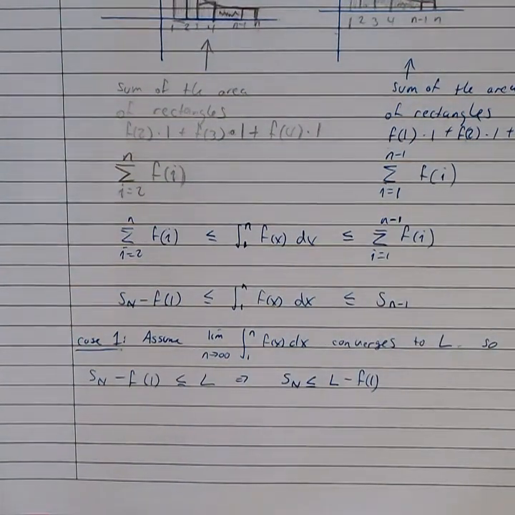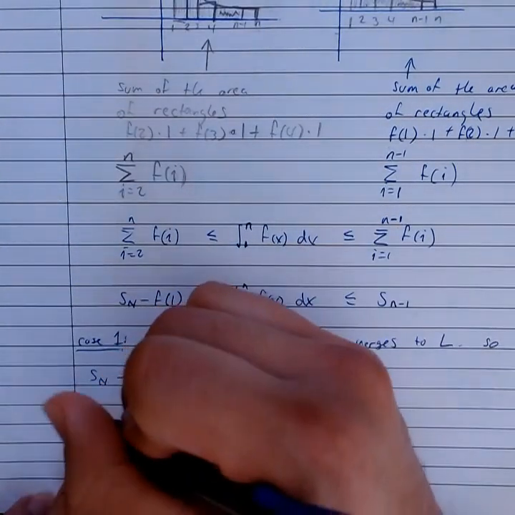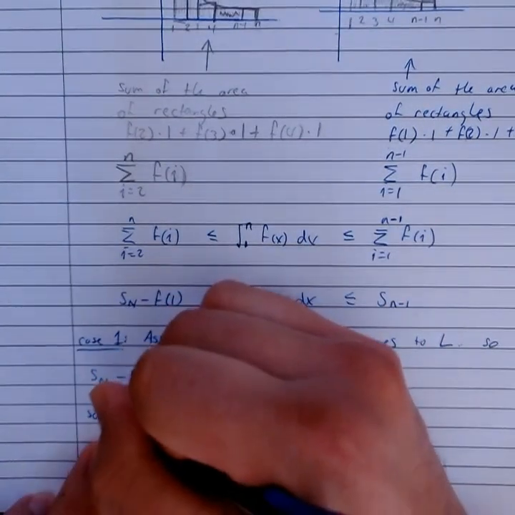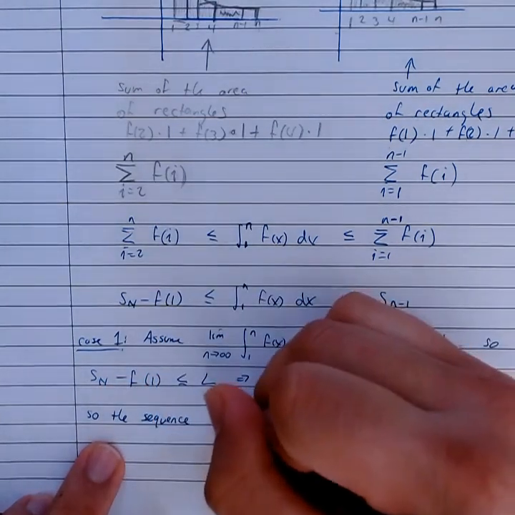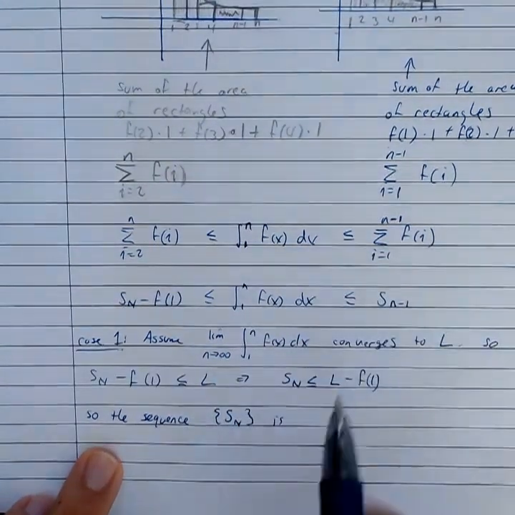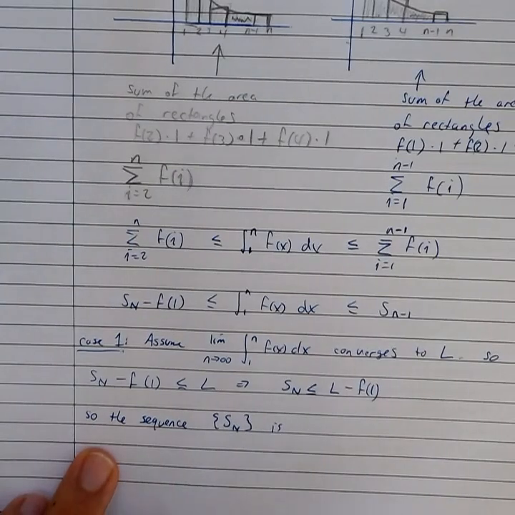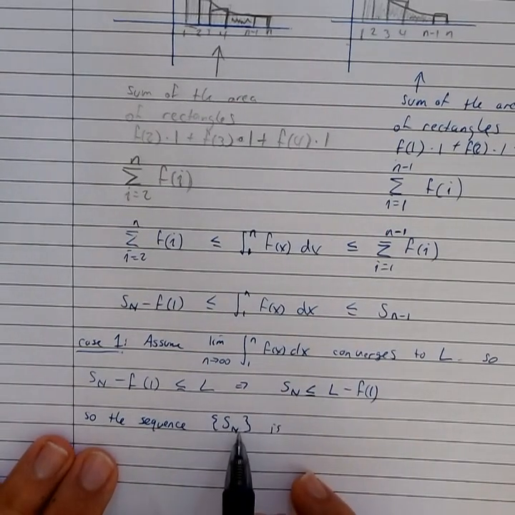Okay, so what? Well, then that means that the sequence of partial sums, the sequence of s sub n's, is, notice, monotonic, because here what you're doing is adding up these rectangles.